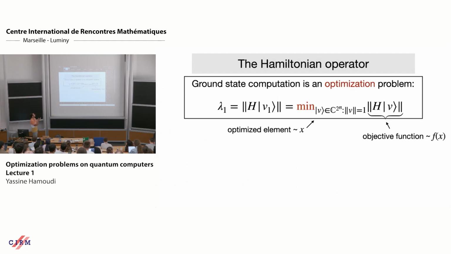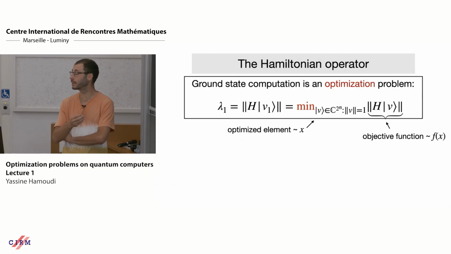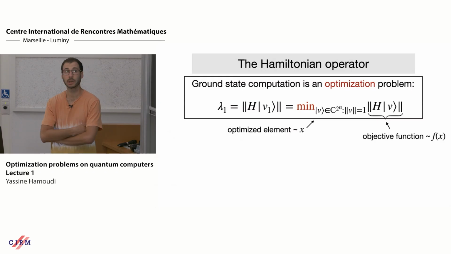So my claim is that computing the ground state, the one that has the smallest eigenvalue, is exactly an optimization problem. I'm just rephrasing what is lambda 1 and V1. Lambda 1, the smallest eigenvalue, is equal to the norm of the state obtained by applying H on V1.